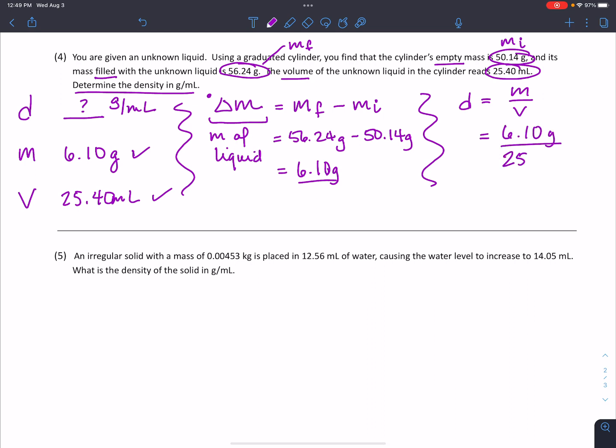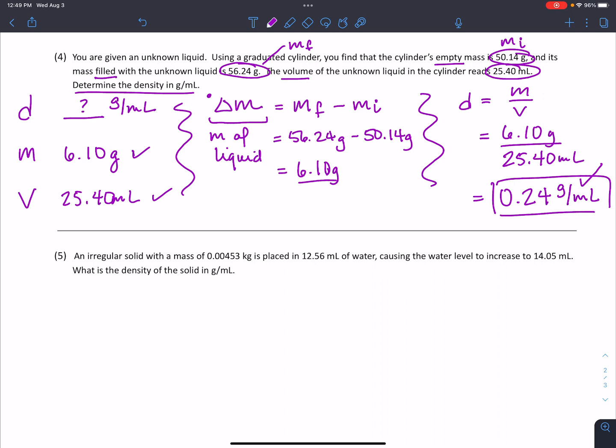We divide that by 25.40 milliliters, and we find that our density for this particular liquid is 0.24 grams per milliliter. All right, so we check our answer's unit against what the problem asked for, and we see that they match. The problem asked for that density in grams per milliliter, and after our calculation, that is exactly what we have. So we are all set for this problem.